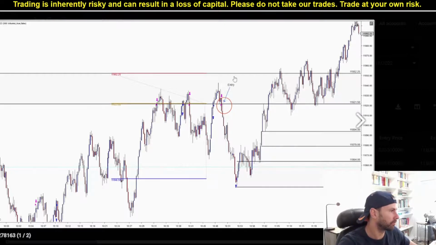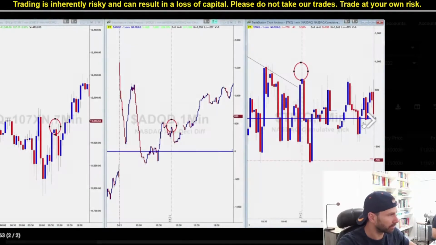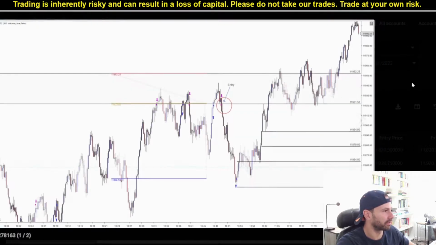So I was very aggressive here. Now the internals, look at this. We created a new high, new low, but then here what happened is it started to go up. I don't want this to affect my trade, right? So I was very aggressive in the trade.